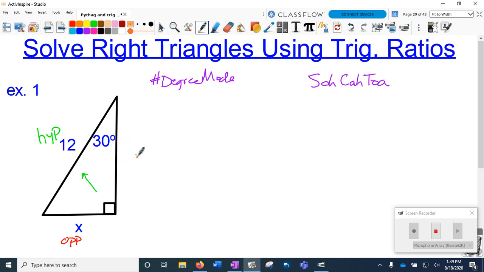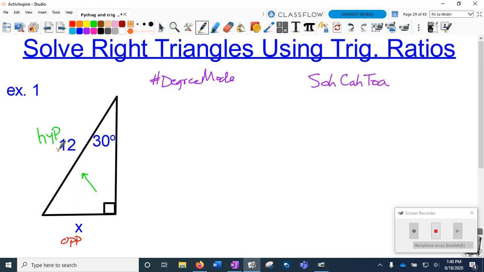So let's look at our triangle. We have labeled the hypotenuse and the opposite. I want to come over here to my trig magic word and think about which trig ratio, sine, cosine, or tangent, has as its fraction the two parts that we have labeled.